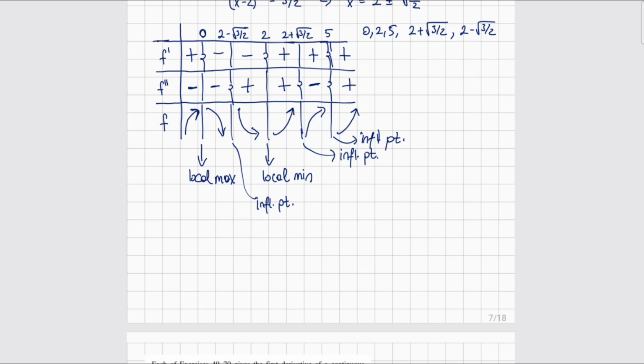And I'm going to draw roughly how our function looks. First start with some random point here, and we're going to increase with concave down like this. Then we have a local max at x equal to 0, and we're going to decrease, concave down. And after that, we have an inflection point.